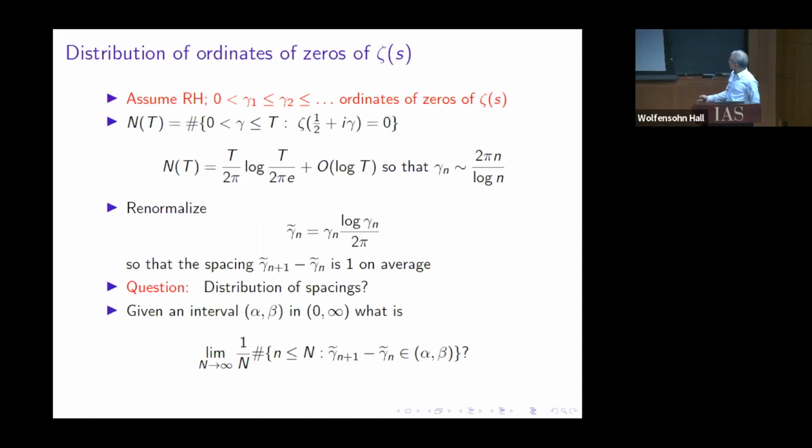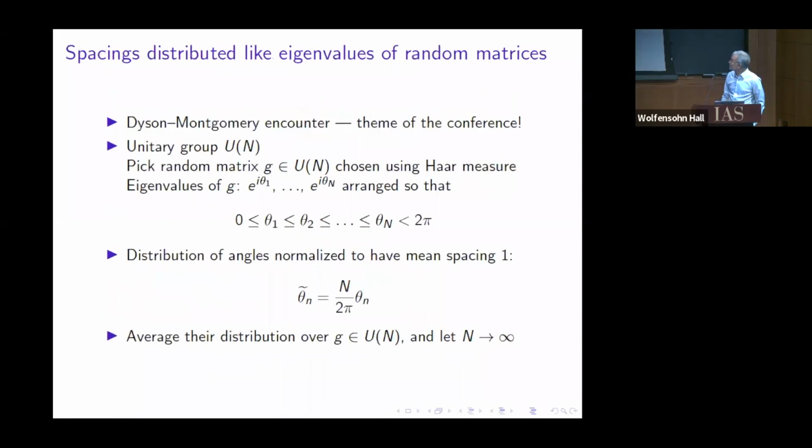What's the chance that some consecutive spacing lies at a given interval from alpha to beta? And we saw that the answer for this is surprising, that it is related to this corresponding statistics for the spacings between eigenvalues of large random matrices. So we heard already about the encounter of Dyson and Montgomery, which led to all of this.